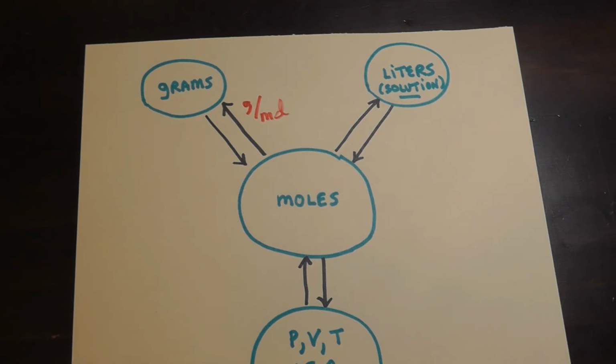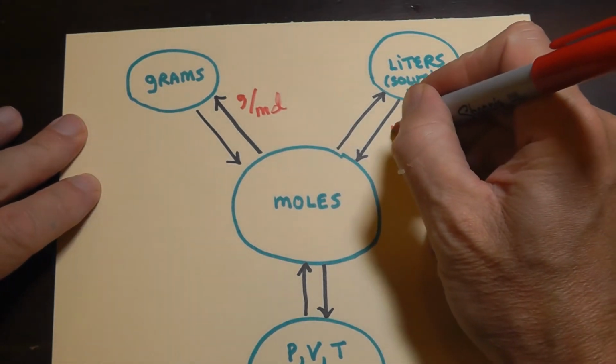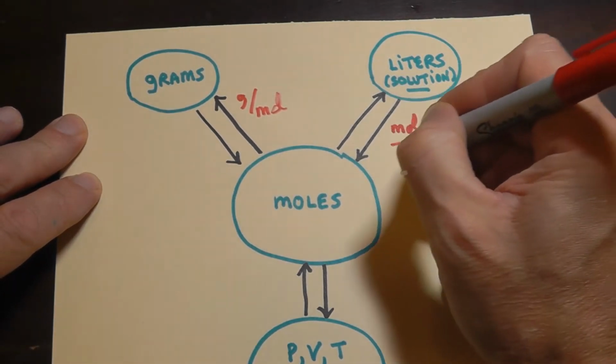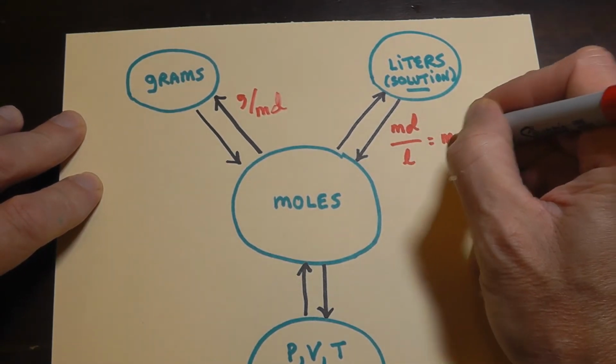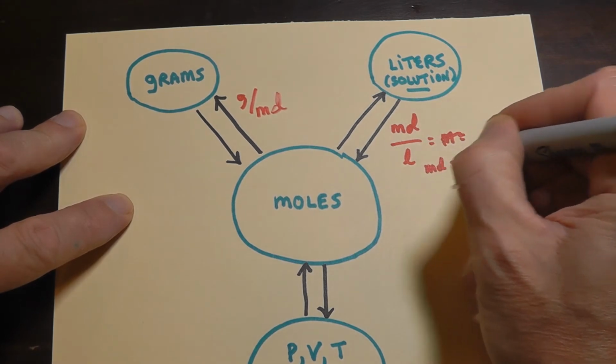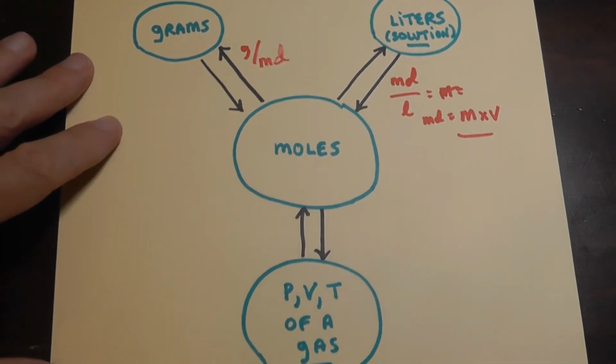Grams per mole, moles per gram, and that solves your problem for us. When we have a solution, we usually express it in molarity, capital letter M. That's moles per liter. Or if you remember, moles equals molarity times volume if it's in liters.